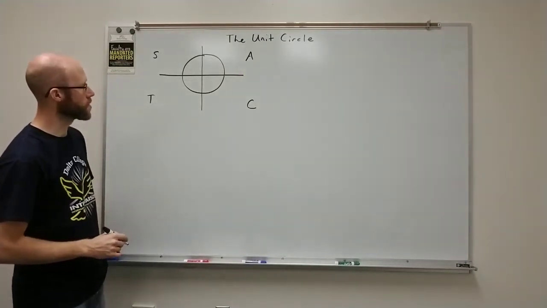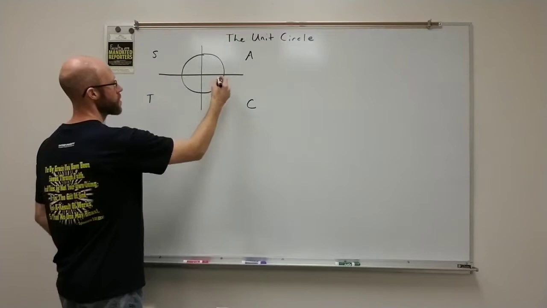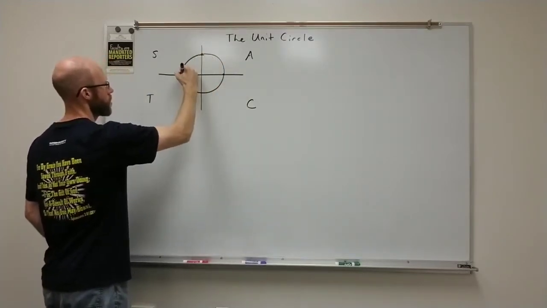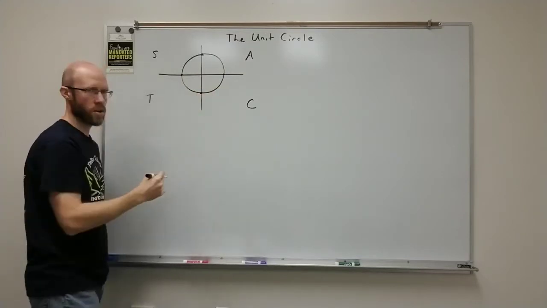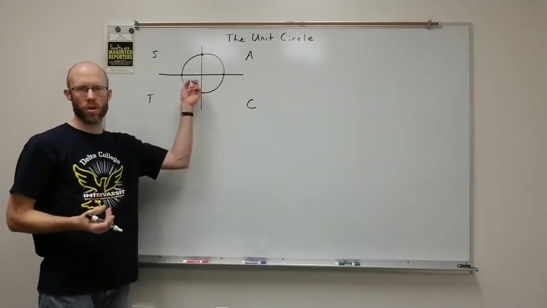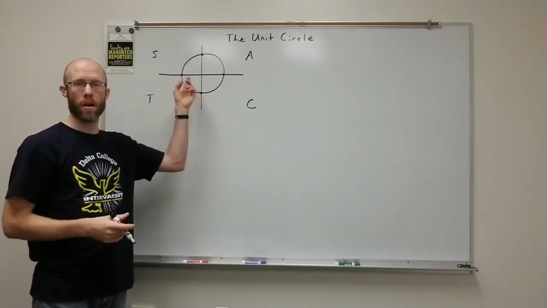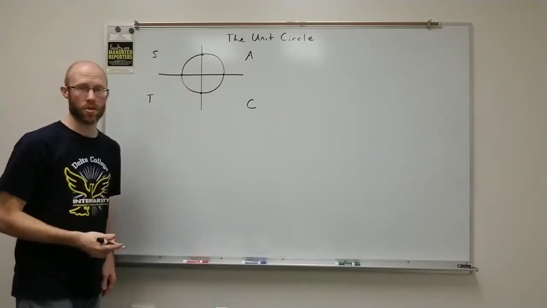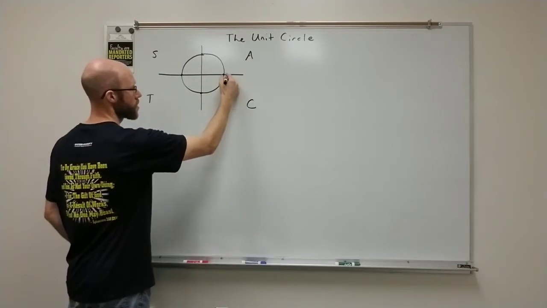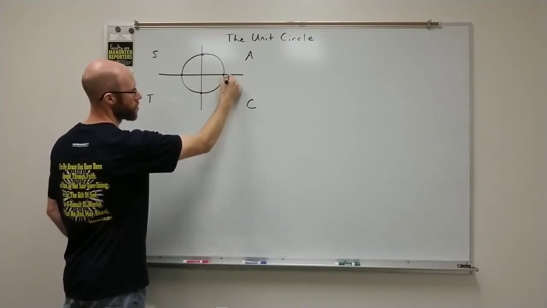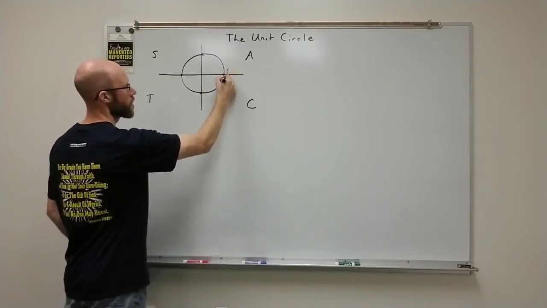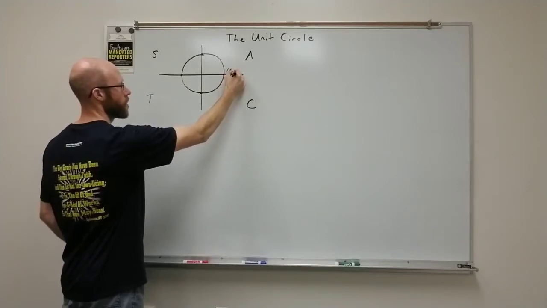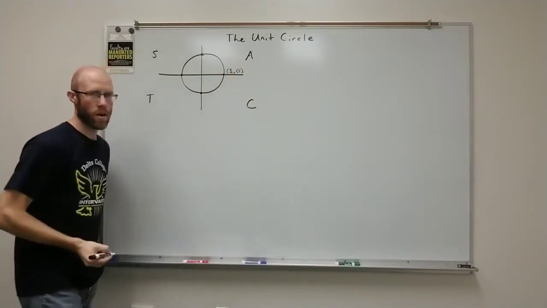And so what happens then is, if you have a radius of 1, each of the points on the axes has a coordinate. Now, of course, it's centered at the origin also. They have a coordinate of either positive or negative 1, and 0 is the other coordinate. For instance, on the x-axis here, an angle of 0 degrees or 0 radians gives you a point of 1, 0.